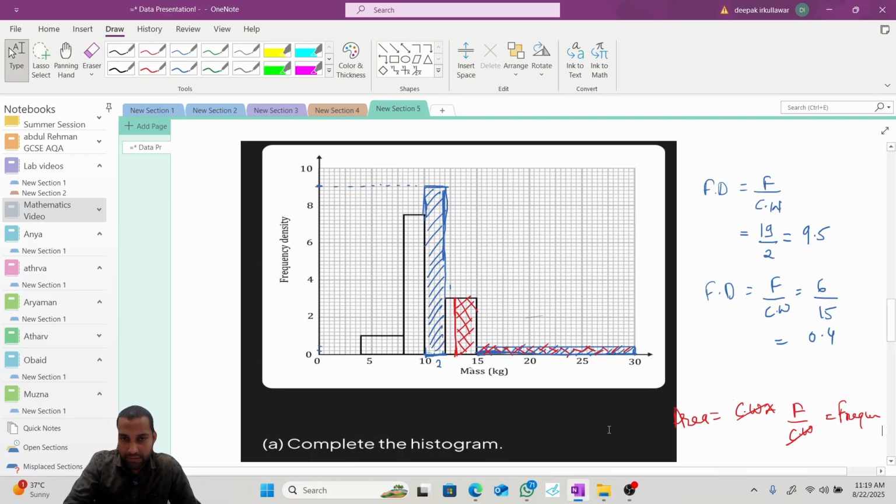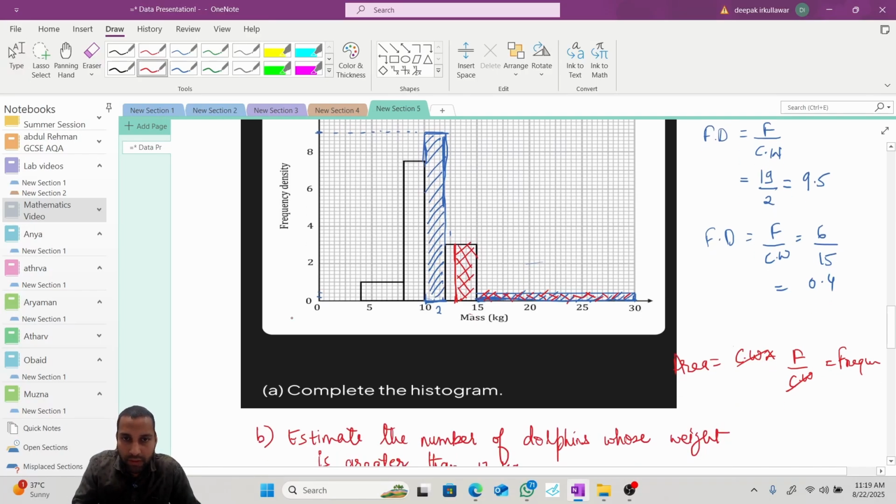Now let us calculate this area. This is starting from 13 and ending at 15, so the width is 2, and this height is till 3.